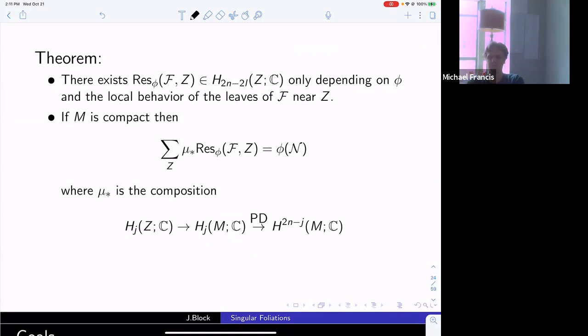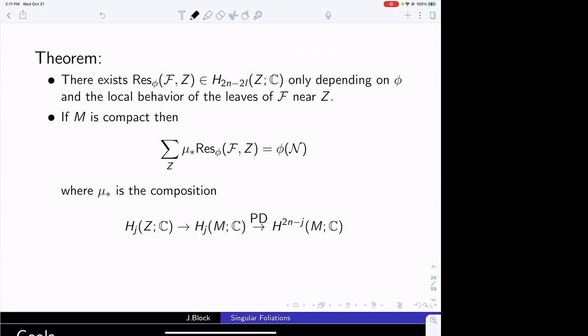So there exists a cohomology class, Res_phi(F, Z). It depends on phi, and it depends on the connected component Z of the singularity set. In this case, it's in the homology H_{2n-2l}(Z, C).